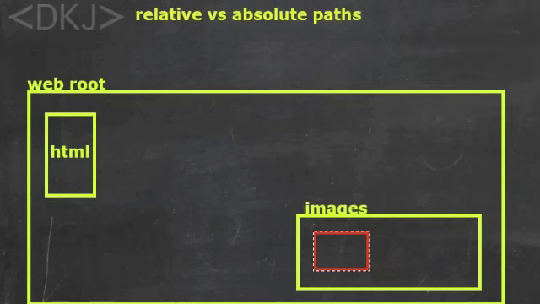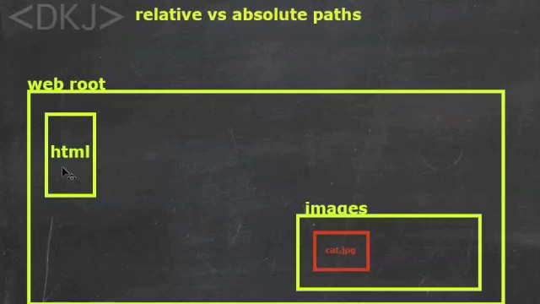Here we go. Inside of here is going to be a picture of a cat, and the file name is going to be cat.jpg.